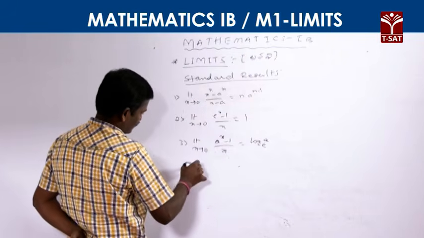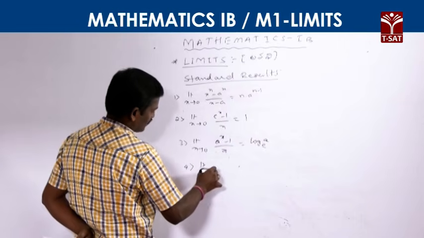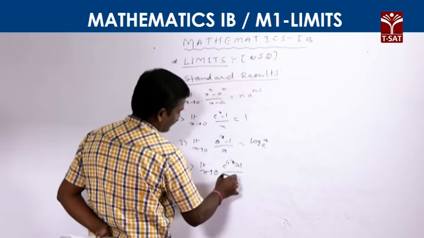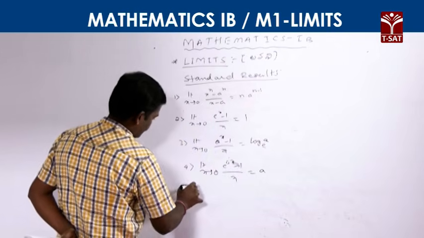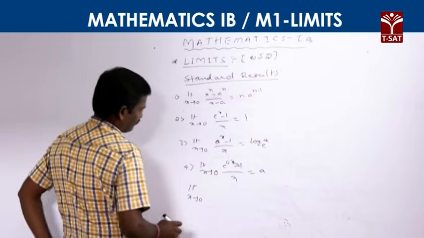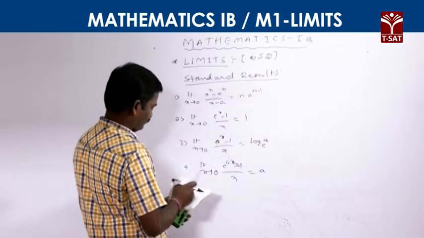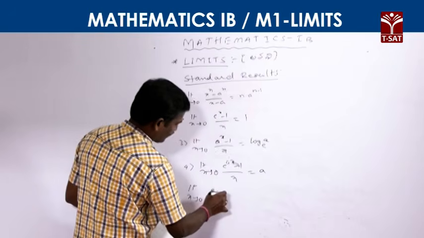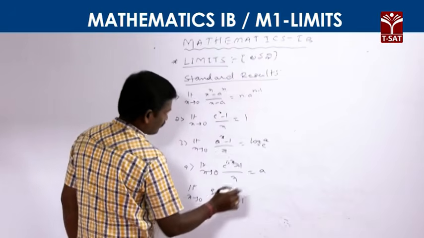Next, limit extends to 0 of (e power ax minus 1) by x, the answer is a. Limit extends to 0 of sin x by x is 1.